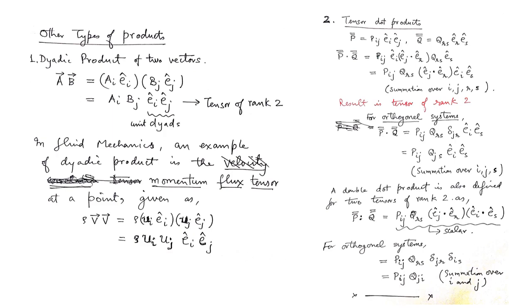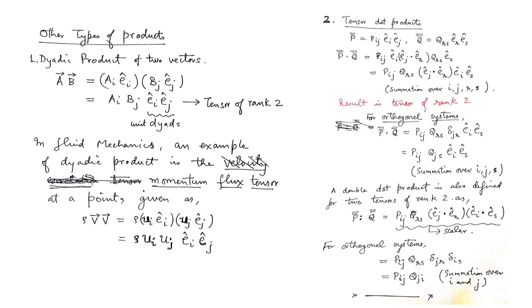So how are they involved? The inner ones, the second from P and the first from Q, are involved in a dot product, Ej dot Er, and the other two, the first from P and the last from Q, are also involved in a dot product. So Pij Qrs and Ej dot Er, the second from first and first from second, and the other dot product is between the remaining two unit vectors, Ei and Es.